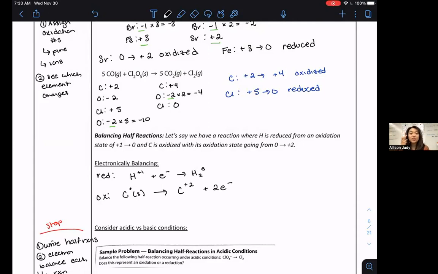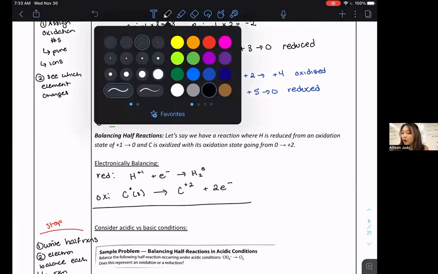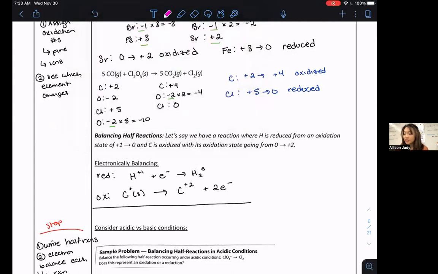So when we write the half reactions, then when we try to write the net balanced, electronically balanced reaction, we have to do a little bit of multiplication and summation. So we know that if this is within the same reaction, and I know that I'm exchanging 1 electron from the particular hydrogen in a particular bond and 2 electrons from a carbon in a particular bond, the exchange of electrons must be equal, right?